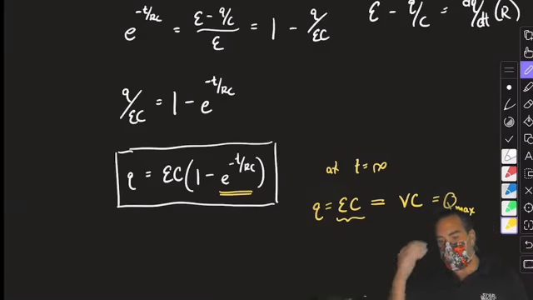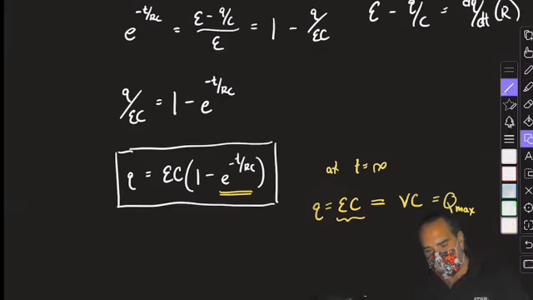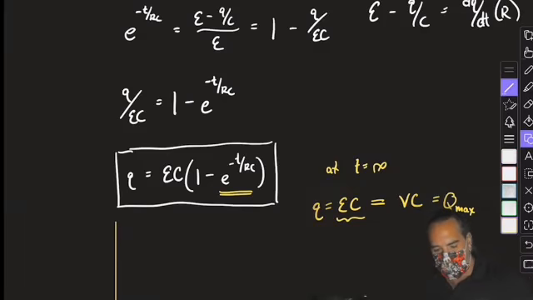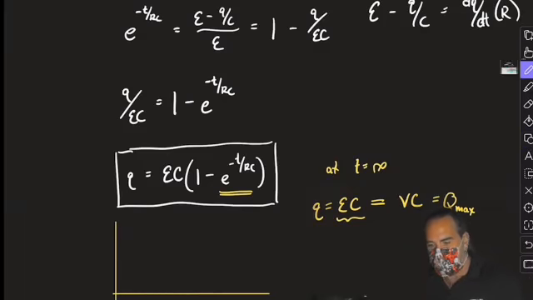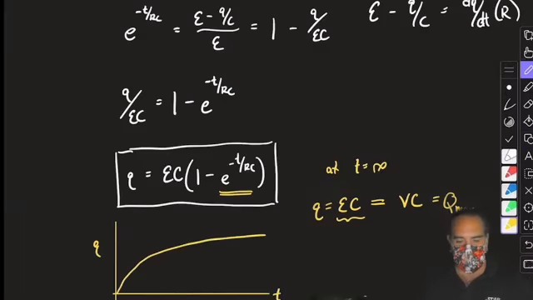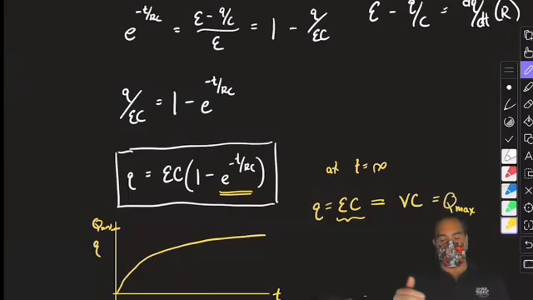Which means that in this circuit, and this shouldn't be a big surprise, if we were to make a plot of Q as a function of T, we would get an asymptotic approach to Q max. I'm going to need you to be able to make these kinds of judgments. I'm going to need you to be able to do this kind of derivation.